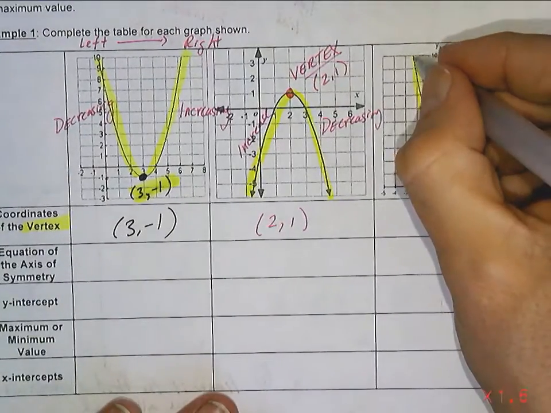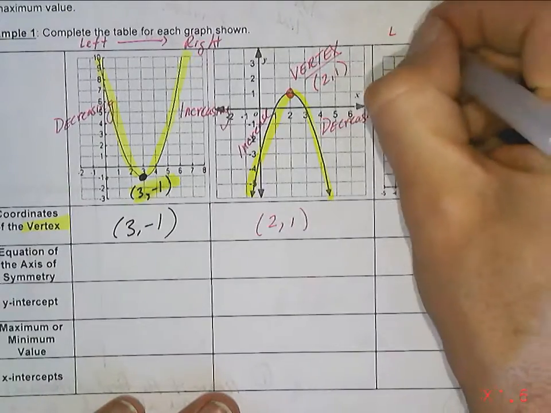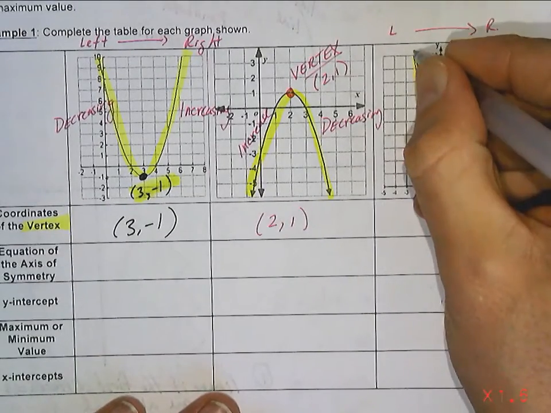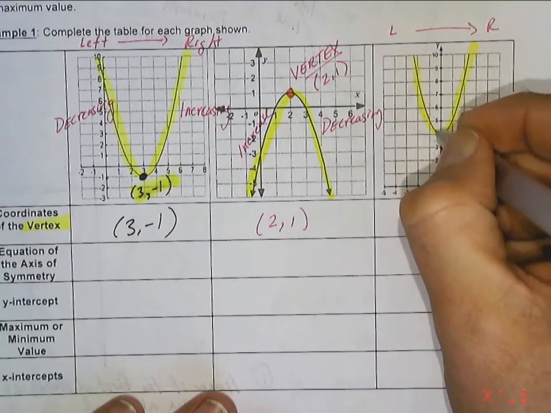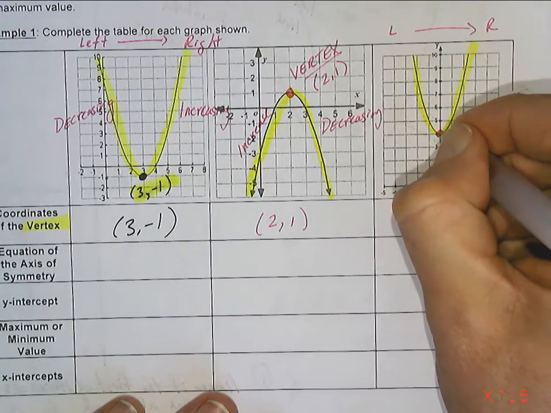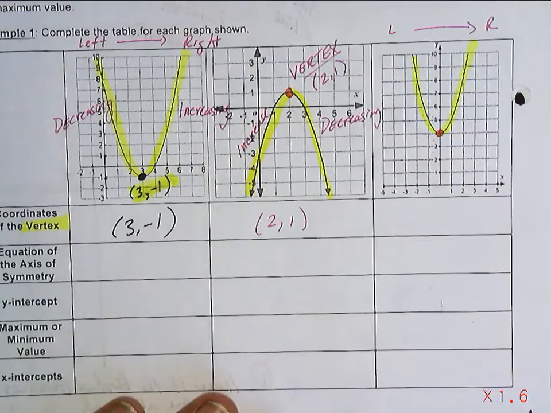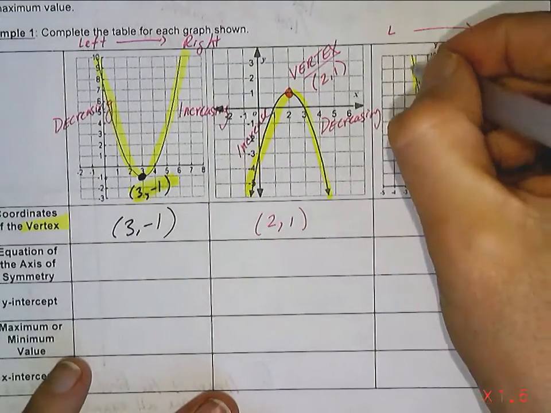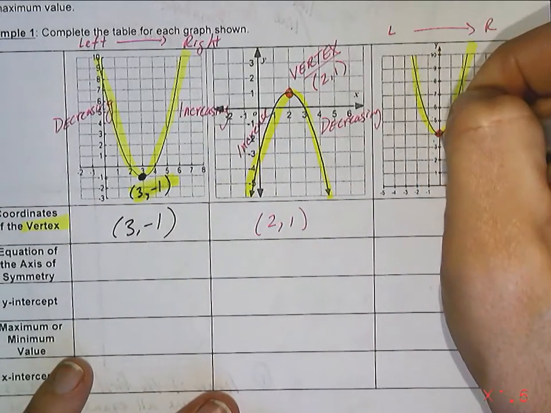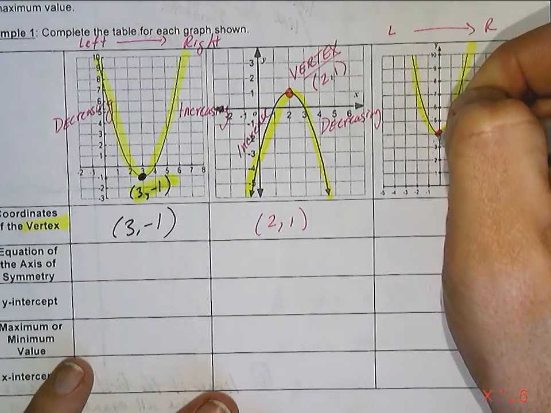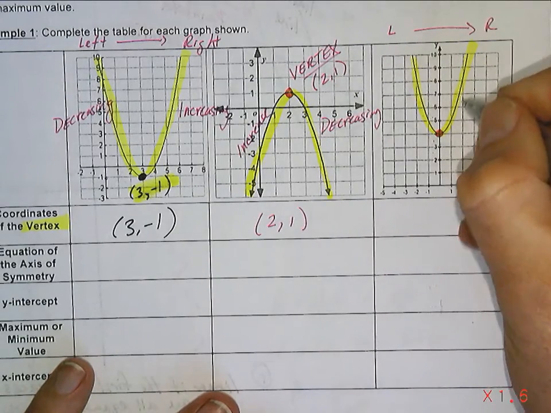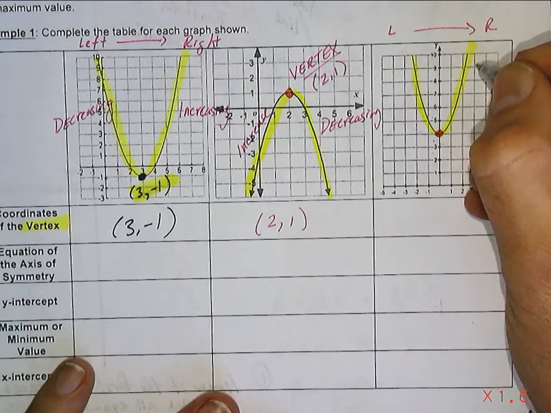Let's look at this one. So, as I move left to right, I'm coming down, down, down until I hit here. And then I'm going up, up, up, forever and ever and ever more. So as I'm coming down, we call that decreasing. Fair enough? And when I'm going up, we call that increasing.